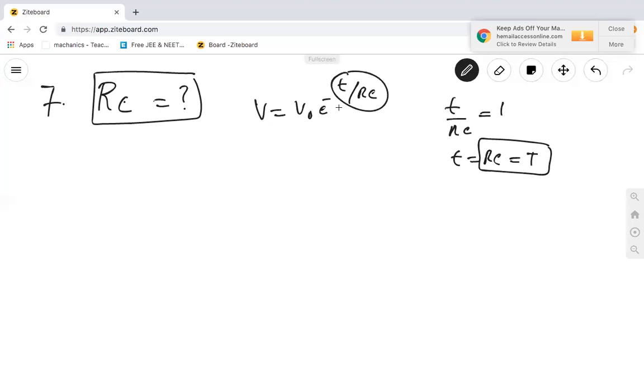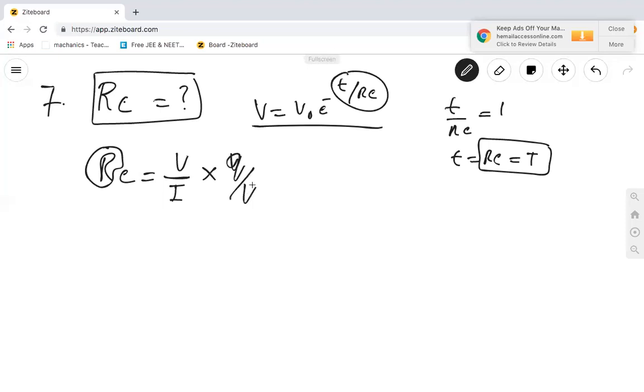So if you remember this directly, and by the time you complete your syllabus possibly you remember most of the equations. But suppose you don't remember this equation, then what do you do? Then you see RC. R is, according to Ohm's law, voltage by current, and C is charge by voltage. The voltage cancels.